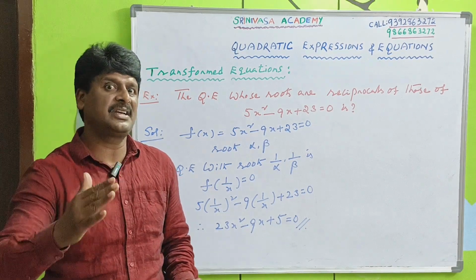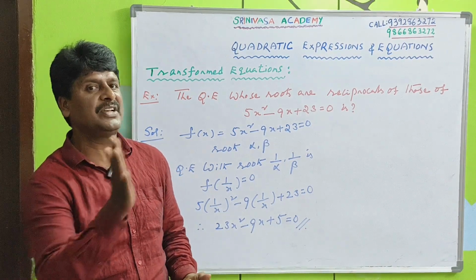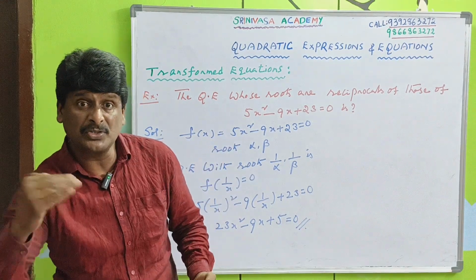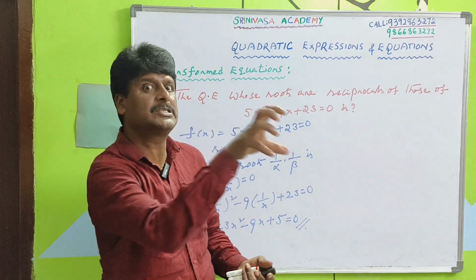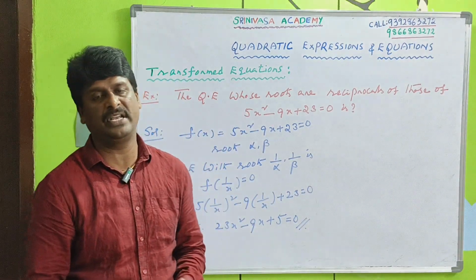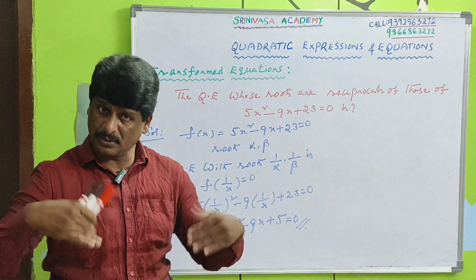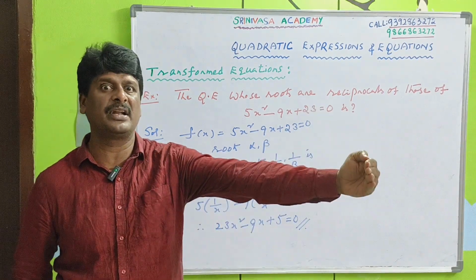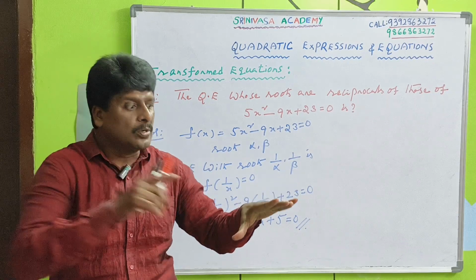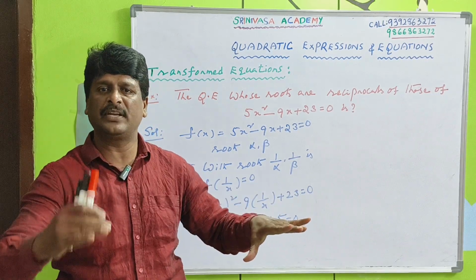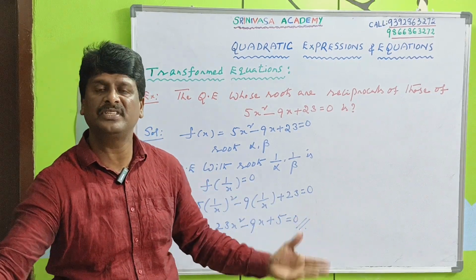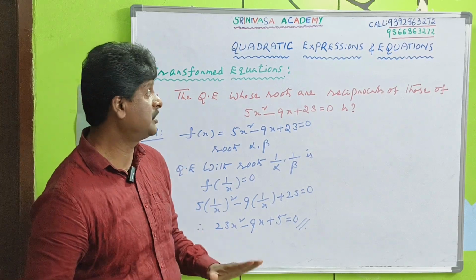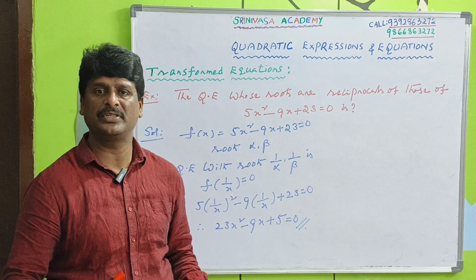With opposite signs, they are also called additive inverses of the roots of given equation. They are also called with contrary signs of the roots of given equation. Contrary signs means opposite signs. When 5 comma 6 are roots of one of the equation, roots with contrary signs means minus 5 comma minus 6 are the roots of each equation. So that is the concept related to transformed equations.